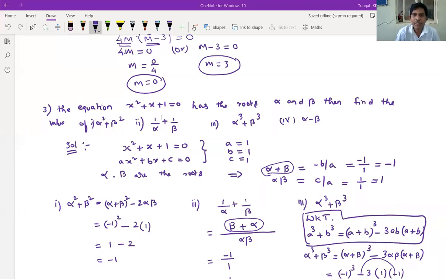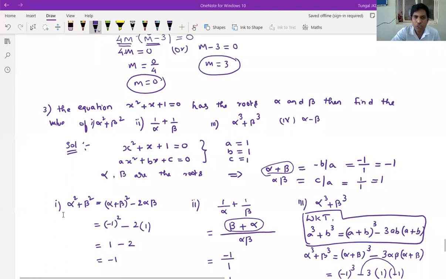So first, quadratic equation, if we compare with ax square plus bx plus c, a value how much? 1, b value 1 and c value also 1. And alpha and beta roots are given, so we can find sum of the roots and product of the roots. Understood? Sum of the roots formula is minus b by a. Product of the roots formula is c by a. So alpha plus beta is equal to minus 1. Alpha beta is equal to 1.